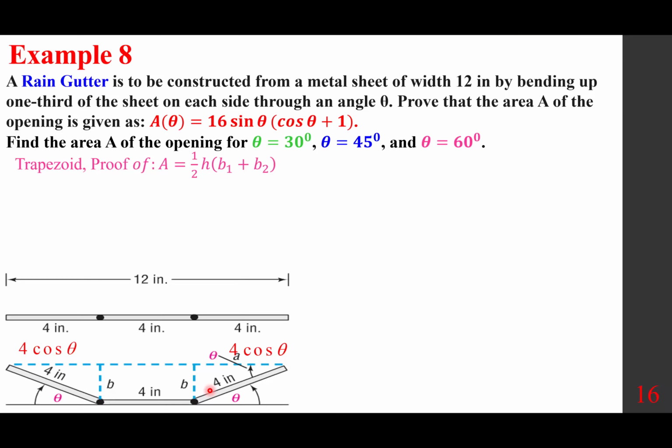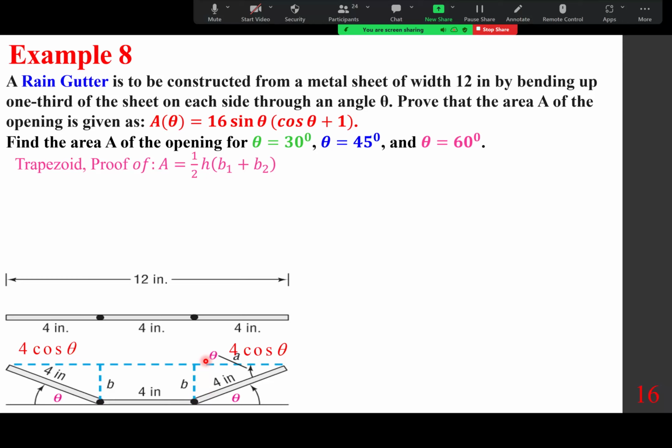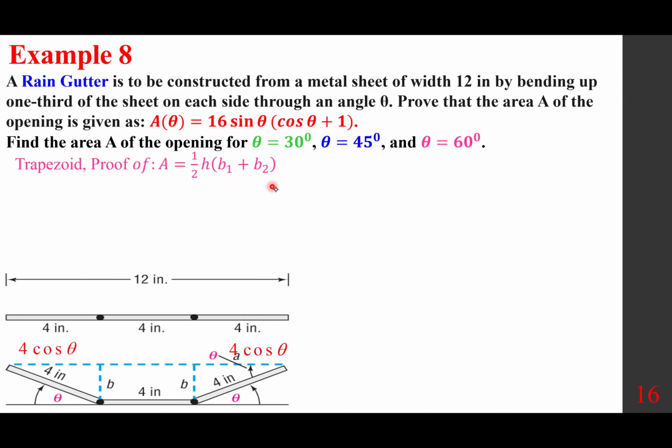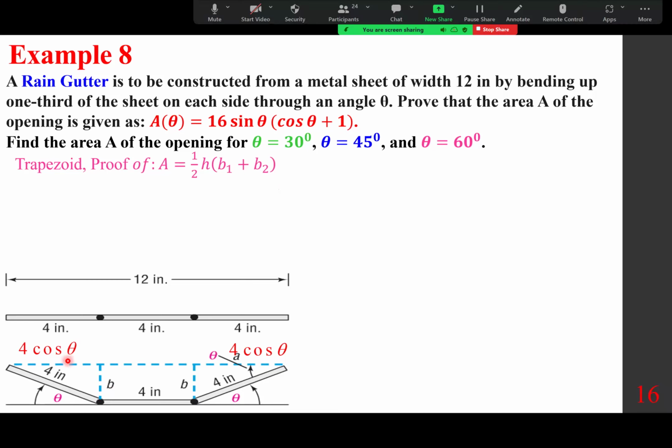So all we have to do is figure out the h, and then B1 and B2. B1 is 4. B2 is 4 plus this much and this much. Each one of those is 4 cosine theta, and the height is 4 sine theta.